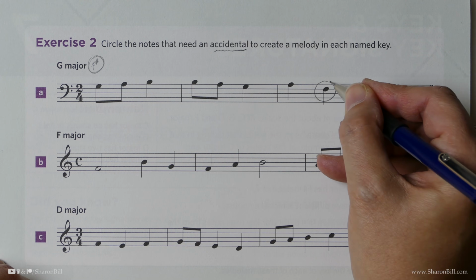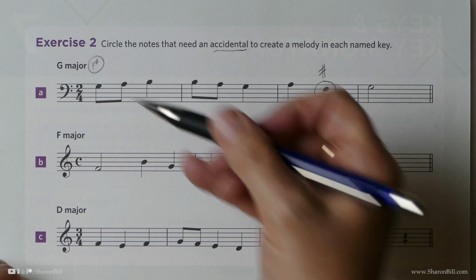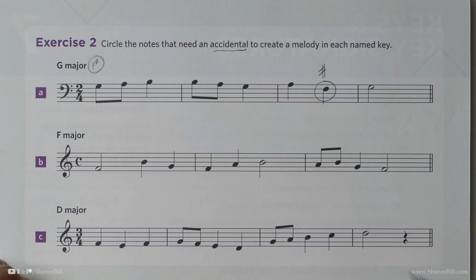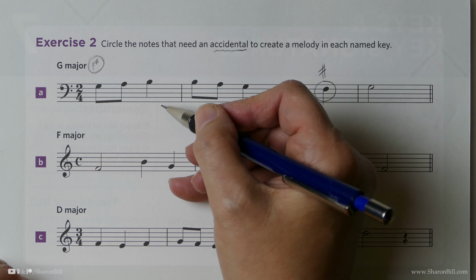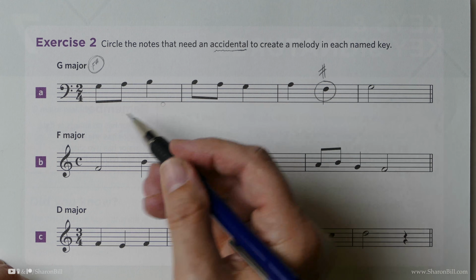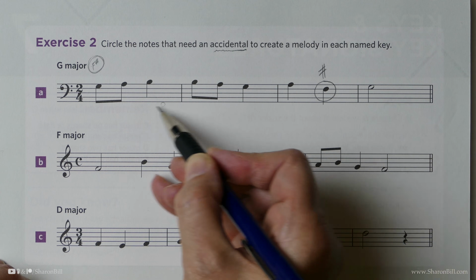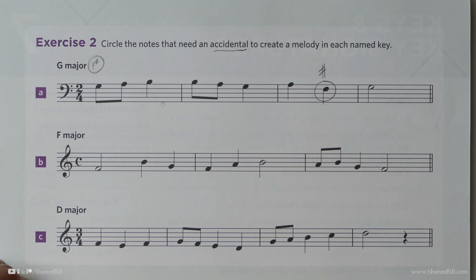That's the F, and it should be sharpened to make the major scale pattern. There could be an F at a lower octave. So if that's G, this could be an F. And if there were any Fs at any other octave, they would need to be sharpened also. But there's just that one there.